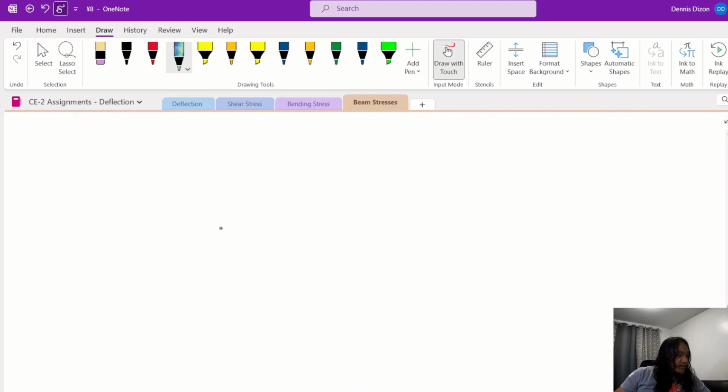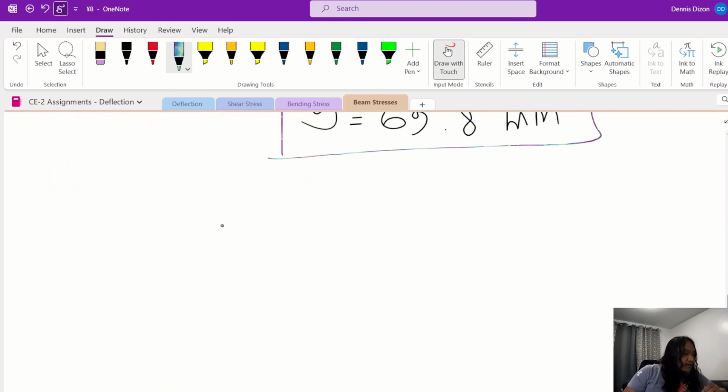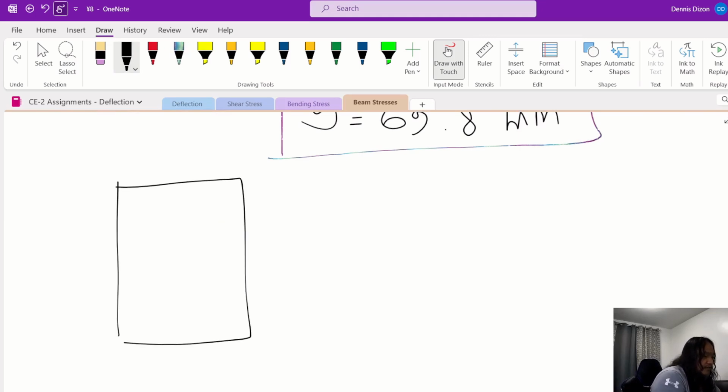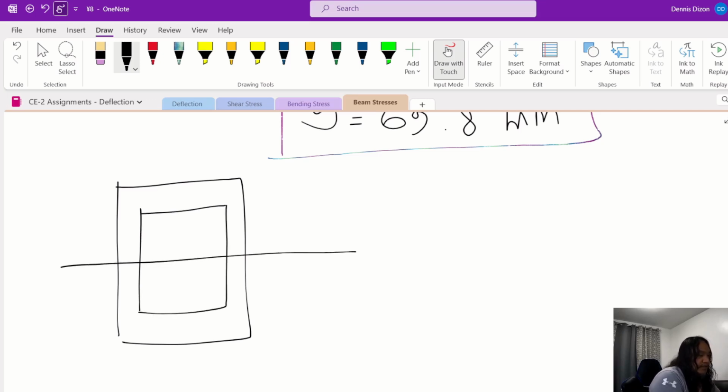So again, this is our section, right? The center of the height would be, see, this one 50, this is 75. But since this portion here is thicker, that's why our neutral axis is closer to the bottom.